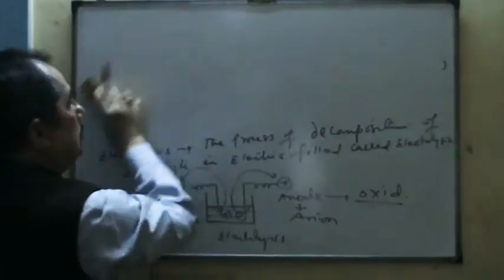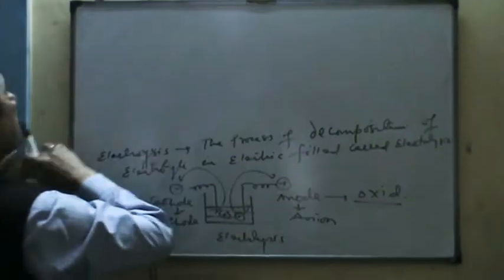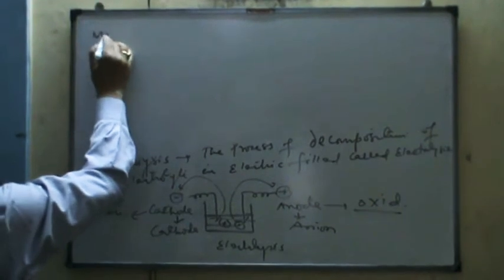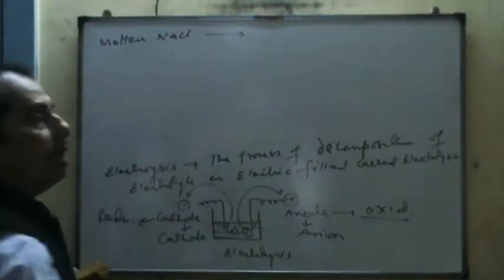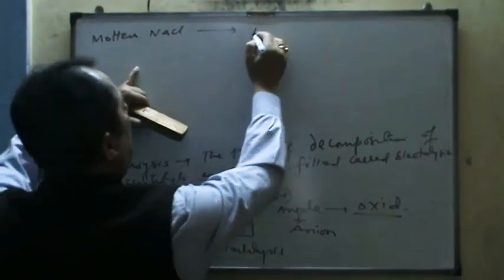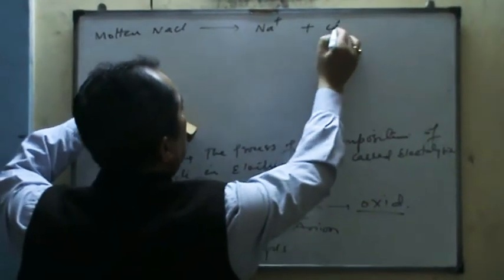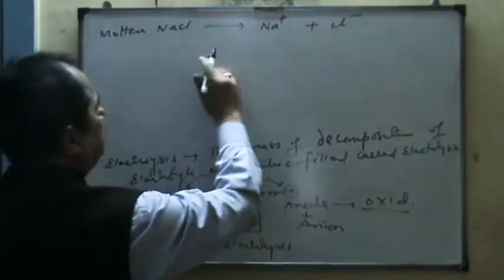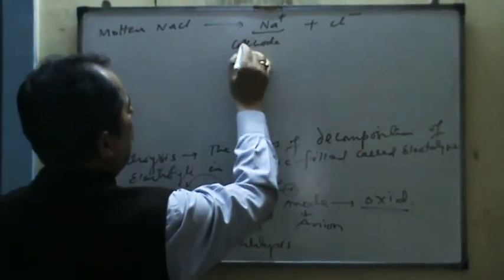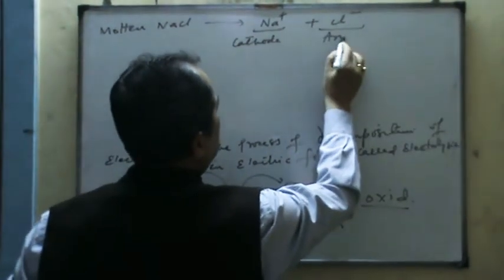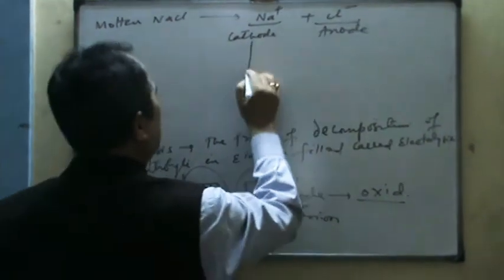So let us consider a few examples here. Molten NaCl undergoes electrolysis to form Na positive plus Cl negative. Na+ is deposited at the cathode and Cl- is deposited at what? Anode.